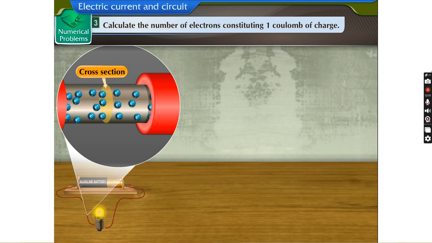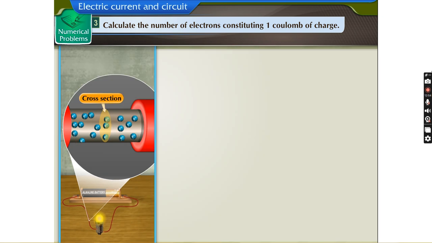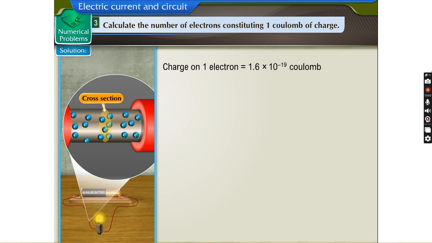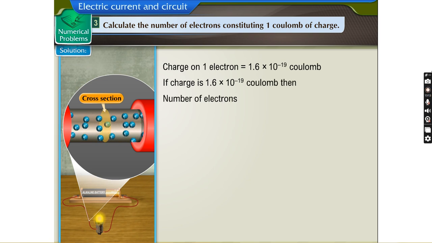Problem 3. Calculate the number of electrons constituting 1 coulomb of charge. Solution. We know that the charge of an electron is 1.6 into 10 raised to minus 19 coulomb. Now, if charge is 1.6 into 10 to the power minus 19 coulomb, then number of electrons is equal to 1.